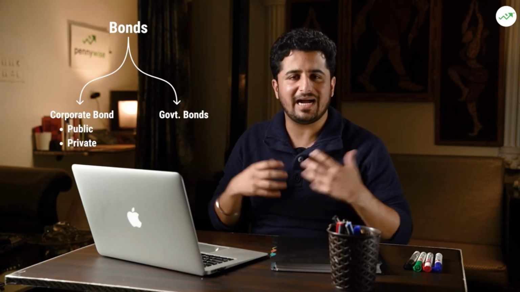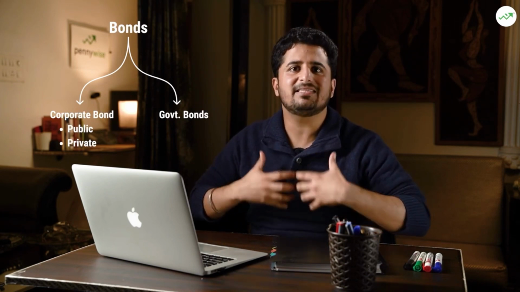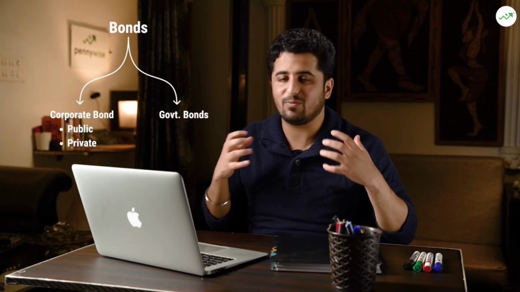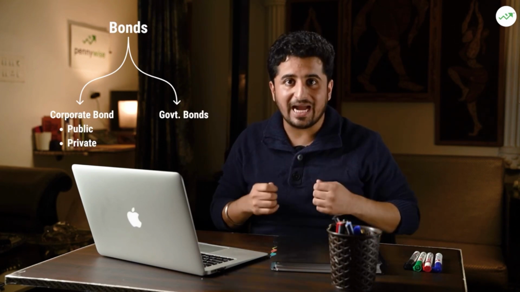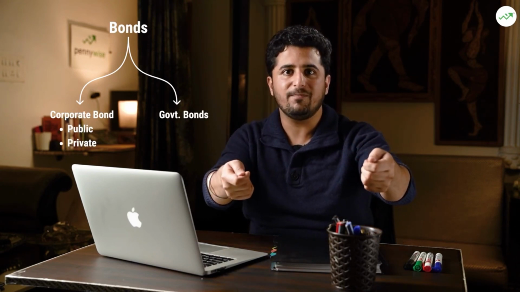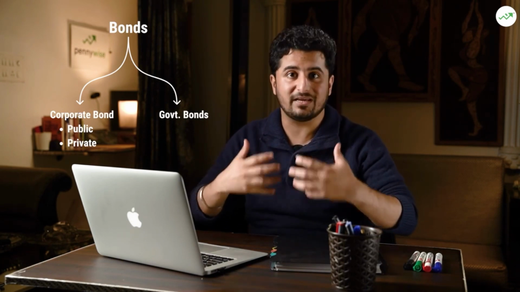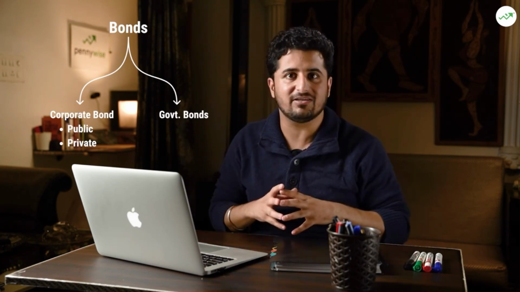Another way is I tell you that Pennywise is taking out a bond, and if you believe in our company, let's say we want 50,000 rupees, and if you feel this company is going to grow, you give us your 50,000, but I give you a guarantee on a bond that I will give you 7% return. The company will give you a 7% guaranteed return in a period of 1 year, 2 years, and so on.